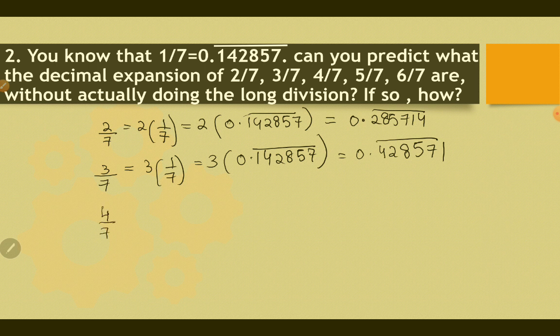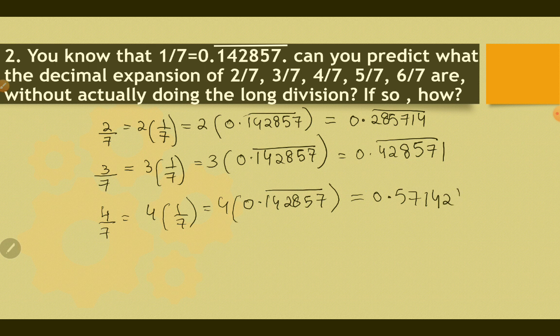4 by 7 is equal to 4 into 1 by 7, that is 4 into 0.142857 the whole bar, which is 0.571428 the whole bar. 5 by 7 is equal to 5 into 1 by 7, that is 5 into 0.142857.